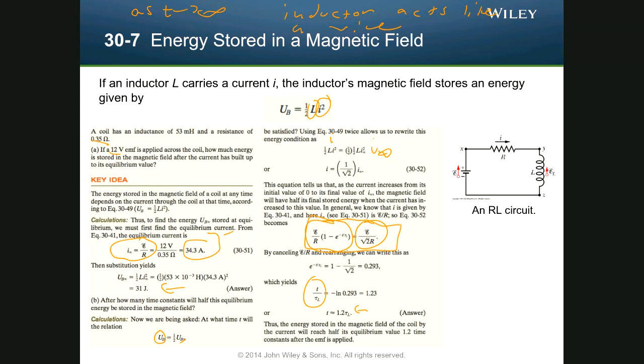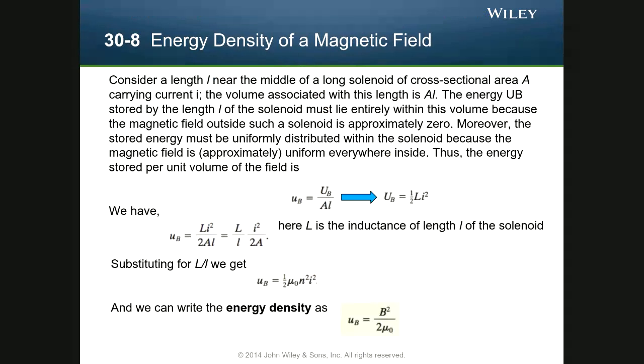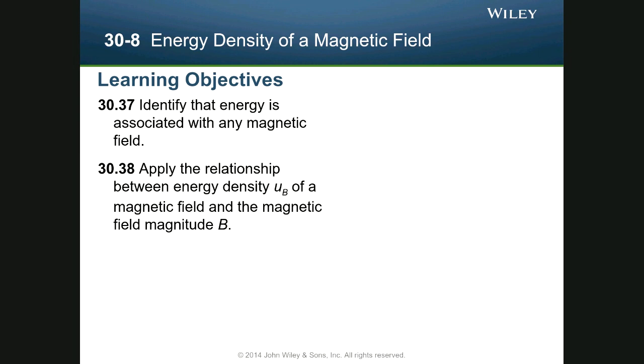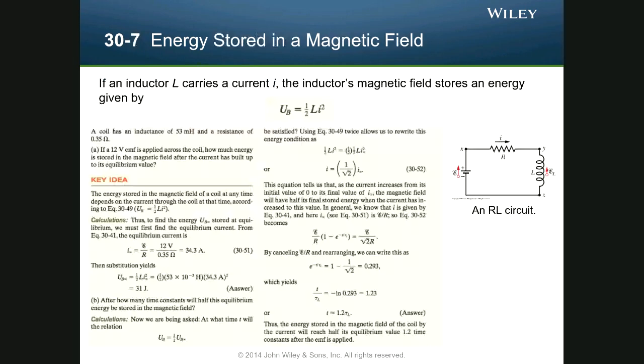Anyhow, we want to move on to energy density in a magnetic field. So remember, much like with capacitors, we're able to look at the energy stored in the magnetic field through the inductance, right?